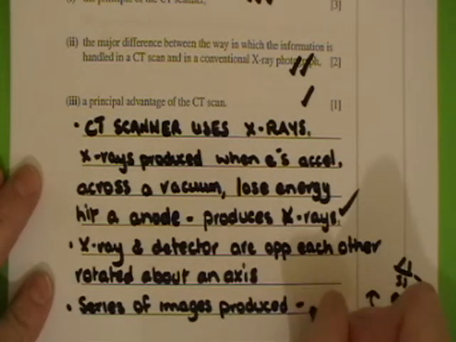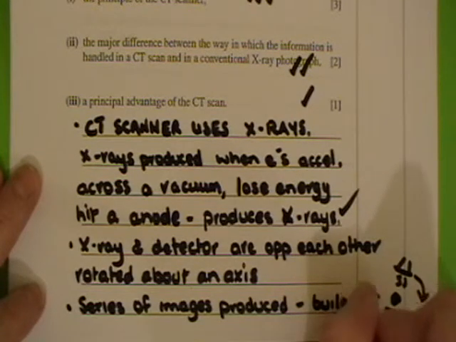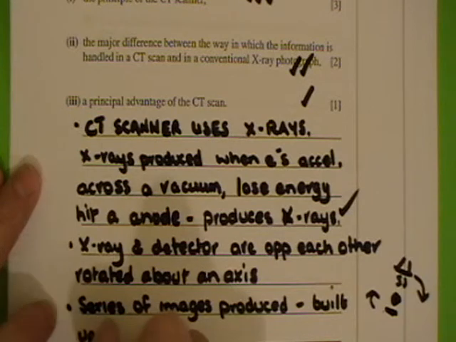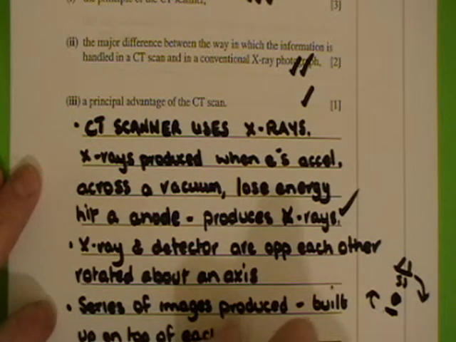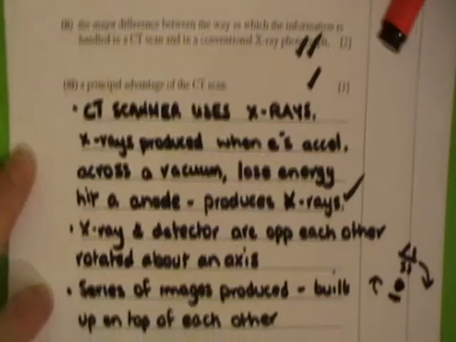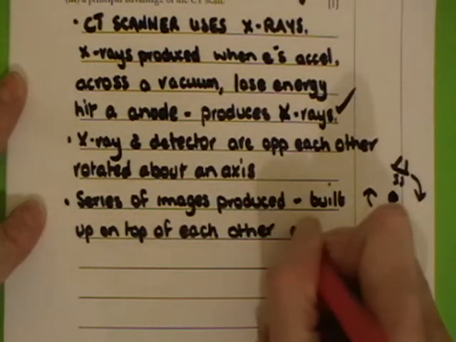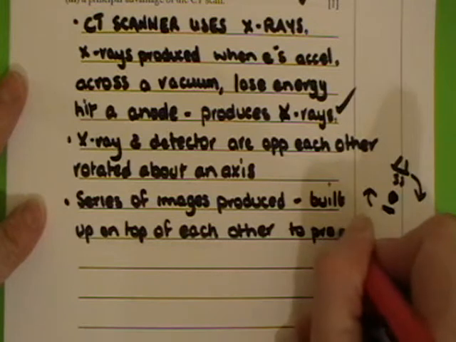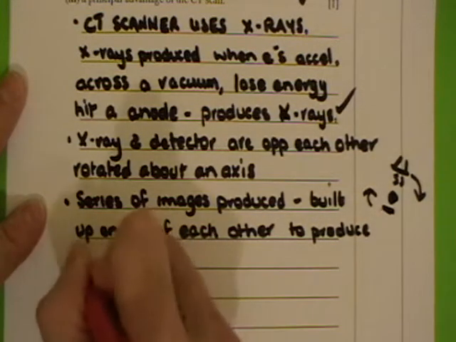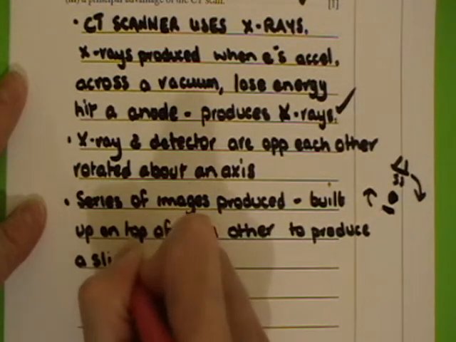And then they're superimposed or built up on top of each other. You probably can't see this, I've just put up a wee bit. So the series of images are produced, they're built up on top of each other to produce a slice through the body.